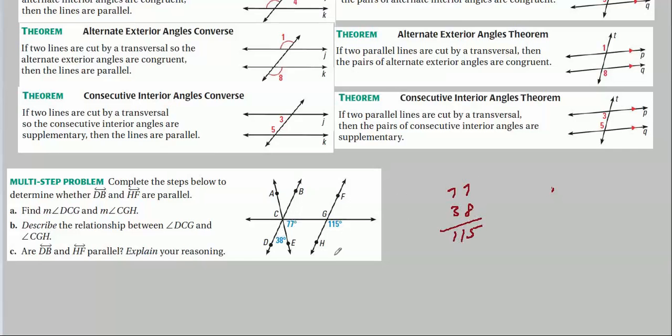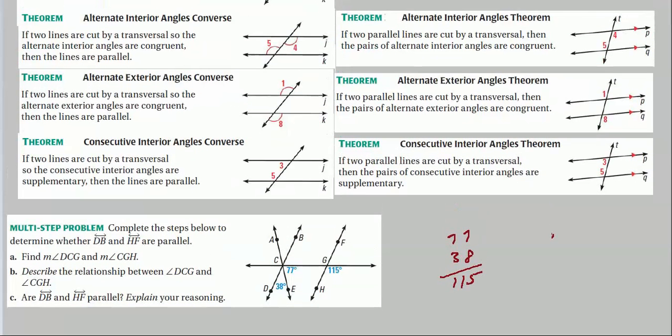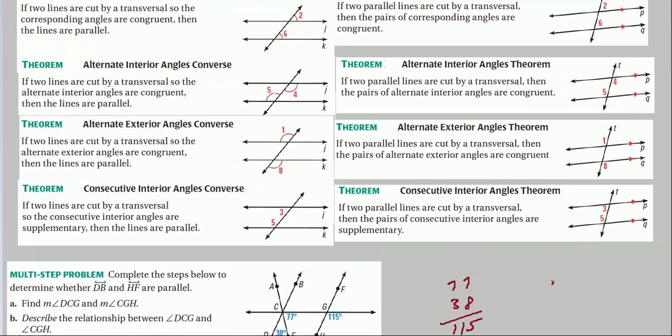Now, I would stop right there. We have an alternate interior angles theorem, which says that these are corresponding angles. Postulate. We don't need a theorem at all. All we need is the postulate down here.